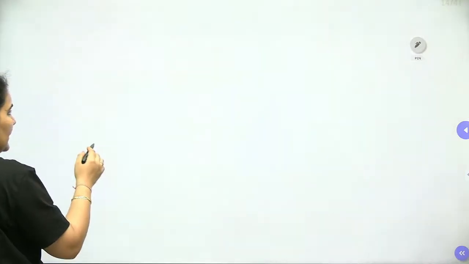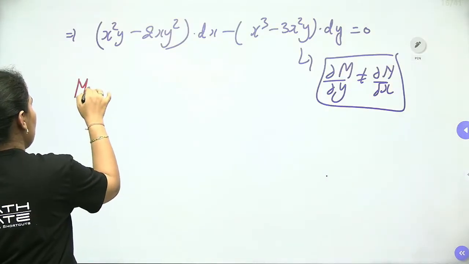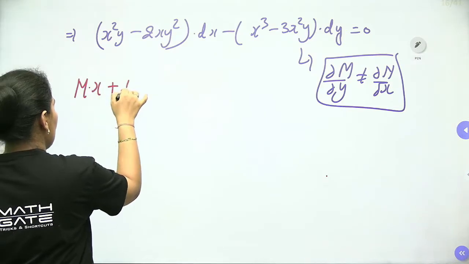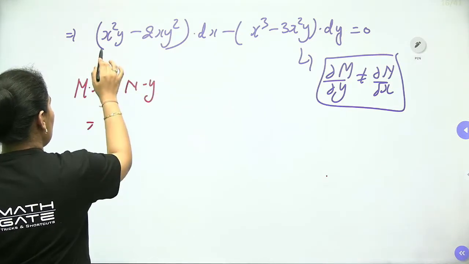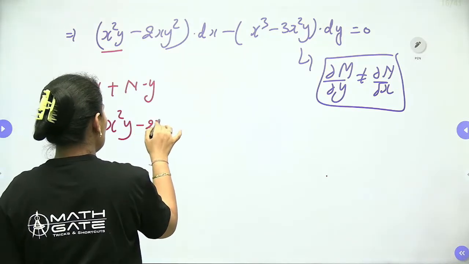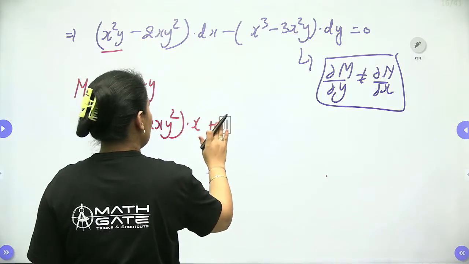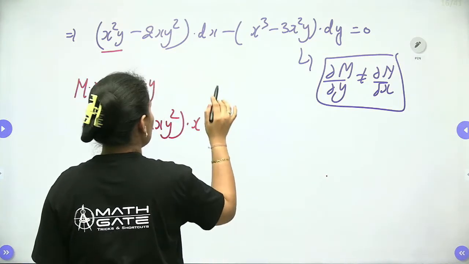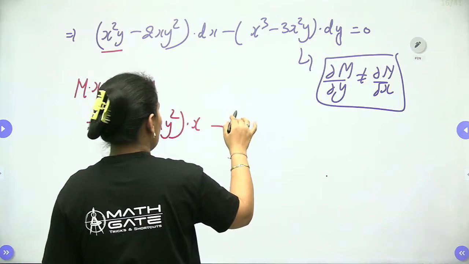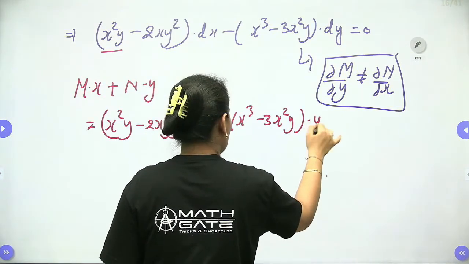Integrating factor will be 1 by (Mx plus Ny). Let's find M into x plus N into y. M into x means (x square y minus 2x y square) into x, plus, we don't have plus here, we have minus only, so we write (x cube minus 3x square y) into y.